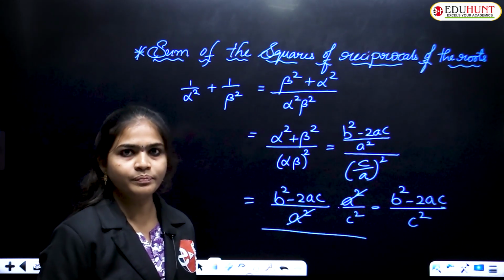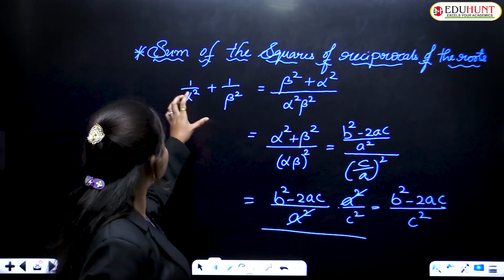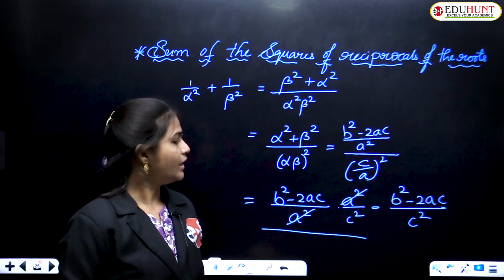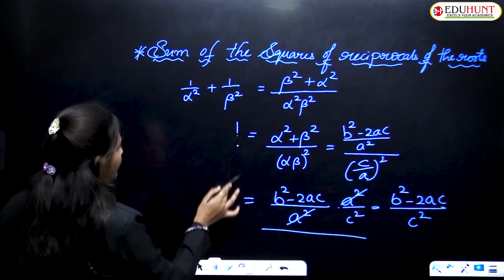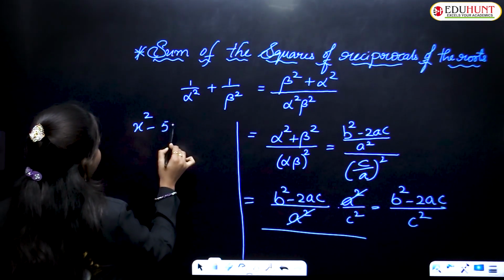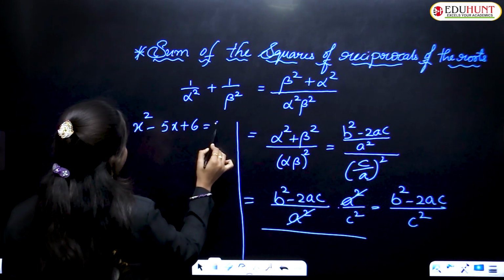Did you understand? Okay. So this is the value of the sum of the squares of the reciprocals. So here, check that example: x square minus 5x plus 6 is equal to 0.